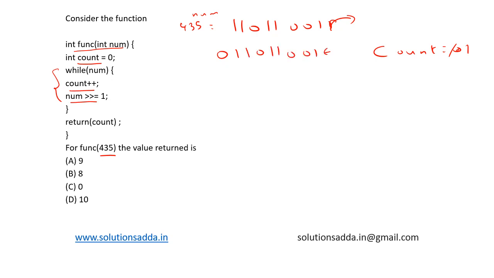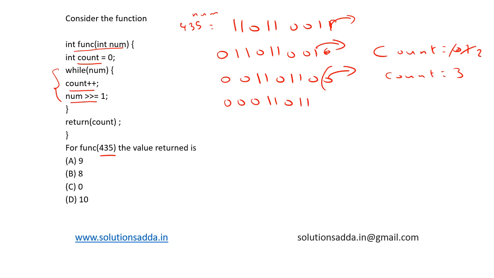Now again this loop is encountered, so count becomes 2 and we are again right shifting this by 1 bit, so we will get 0 0 1 1 0 1 1 0 0. Again this is valid, so count becomes 3 and this bit is right shifted. Now we have 0 0 0 1 1 0 1 1 0.